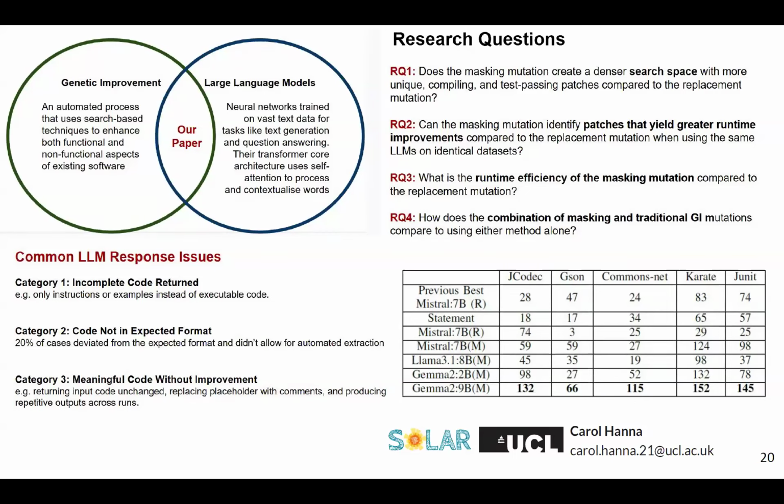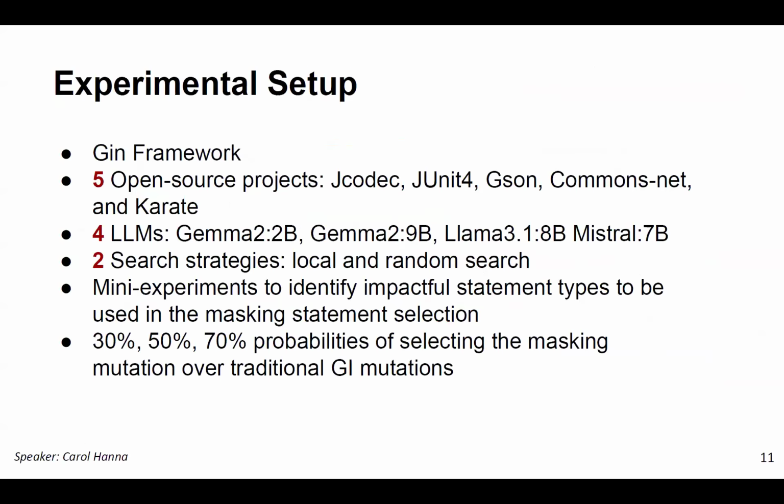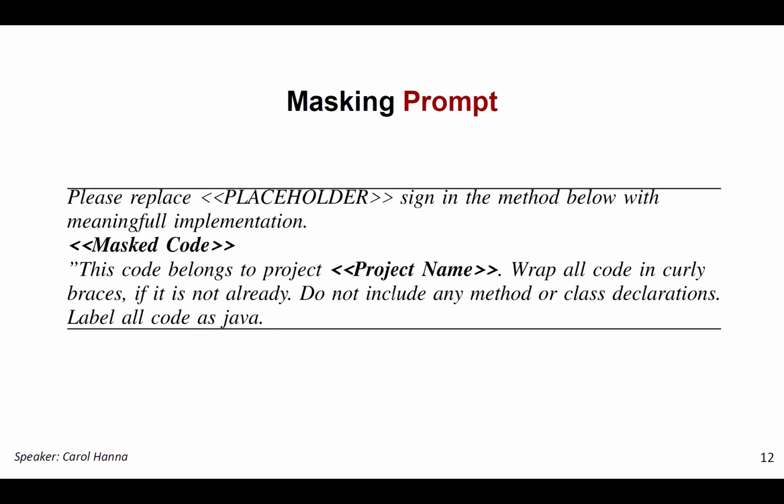I think maybe I understand what the confusion is here. In the prompt, I say that we only give the masked code. Maybe I can clarify. The input to the search process, what we give GIN, is the full program. And then the search process happens and certain methods are selected.